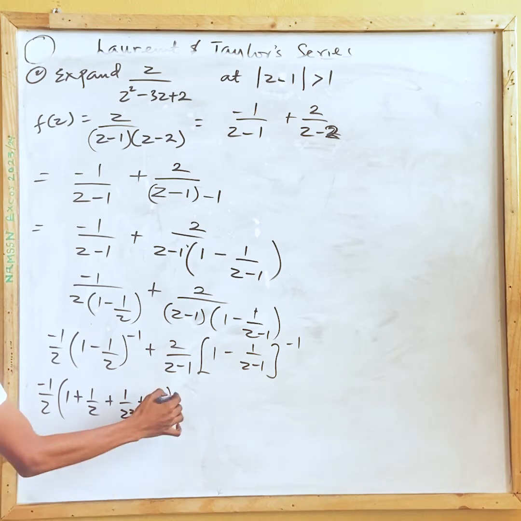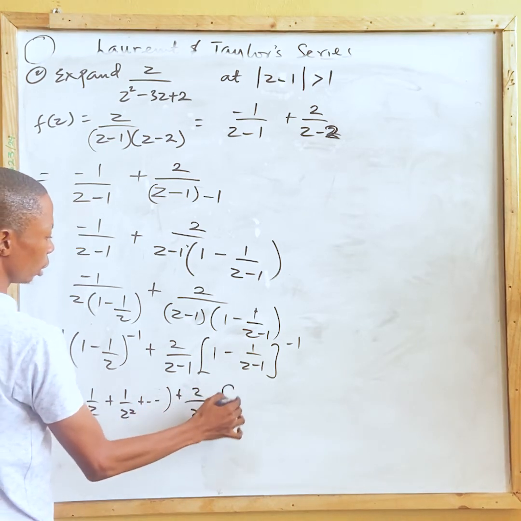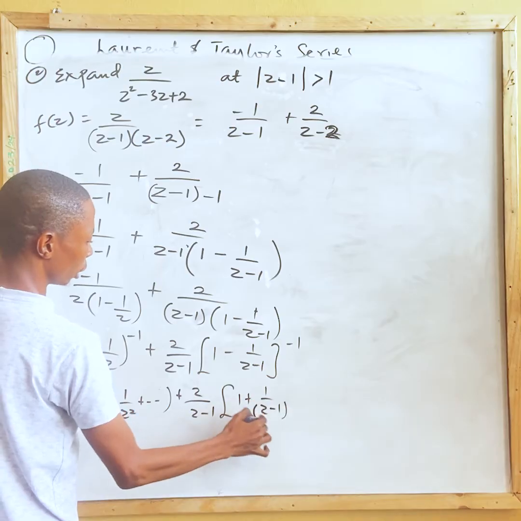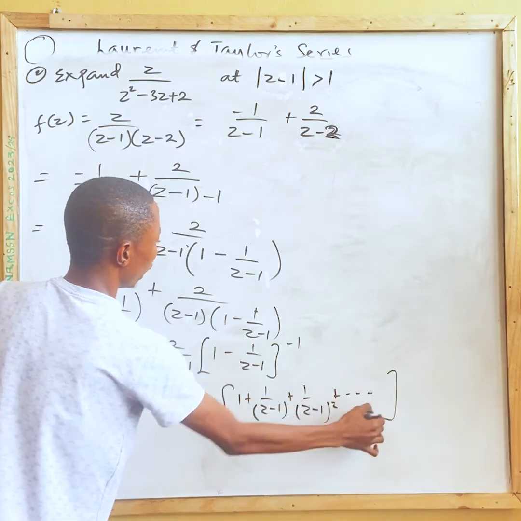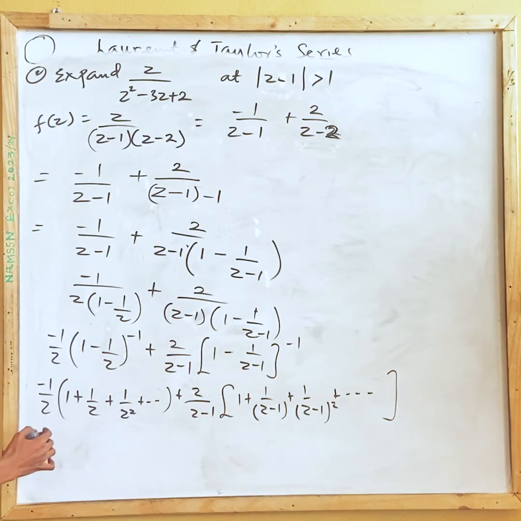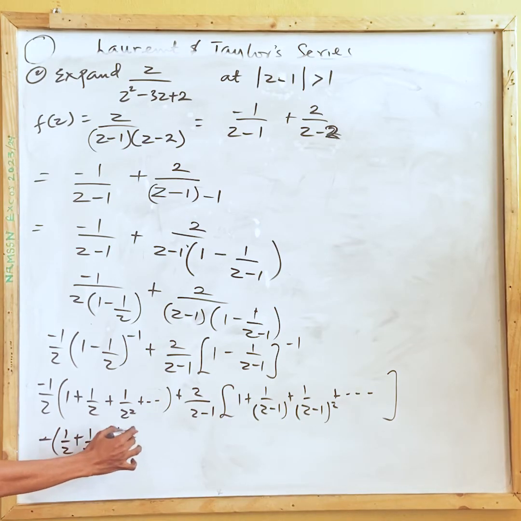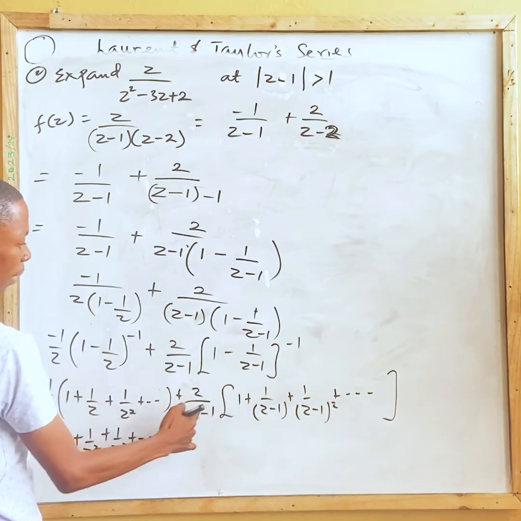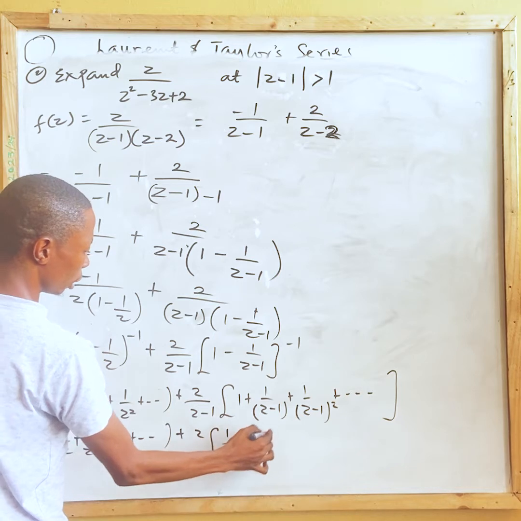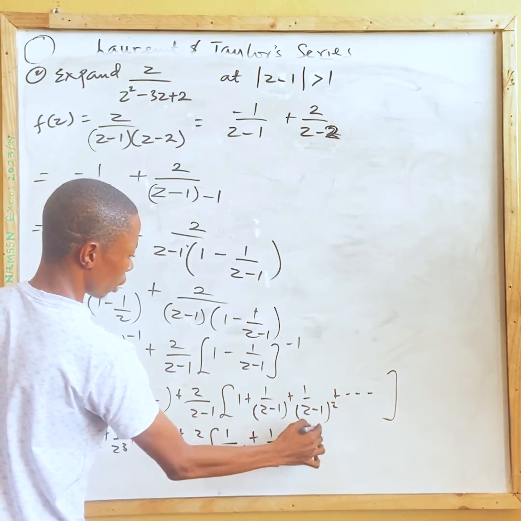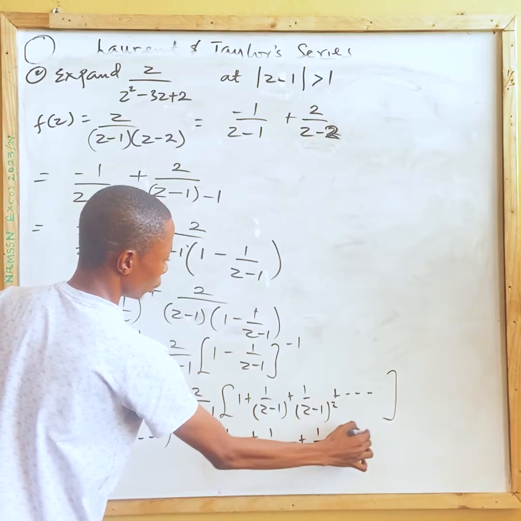This is plus 2 over z minus 1, 1 plus 1 over z minus 1 plus 1 over z minus 1 all squared and on. So if I use z to open the bracket here, this is minus 1 over z plus 1 over z squared plus 1 over z cubed and so on. And if I use z minus 1 to open the bracket, 2, 1 over z minus 1, 1 over z minus 1 all squared, 1 over z minus 1 all cubed and so on like that.